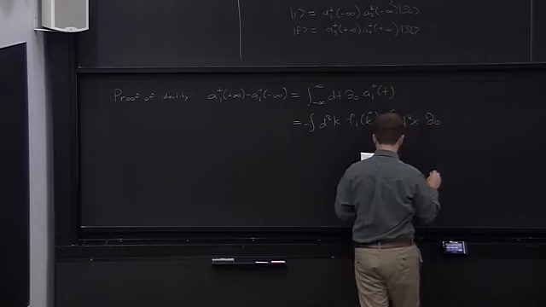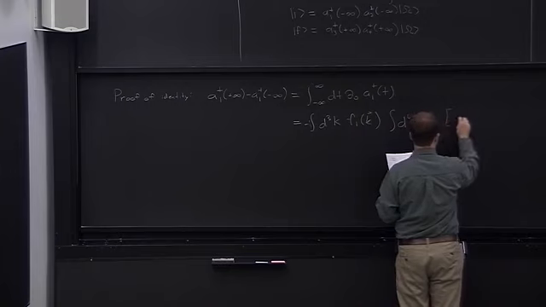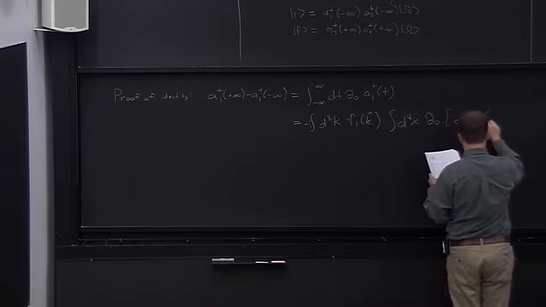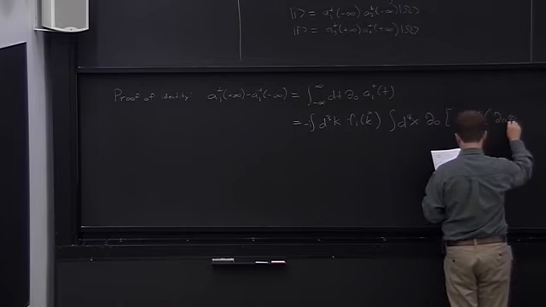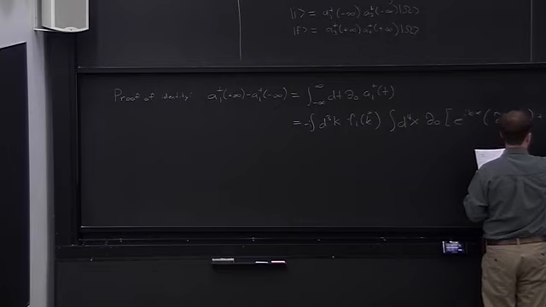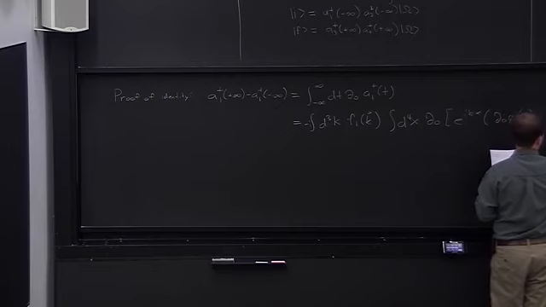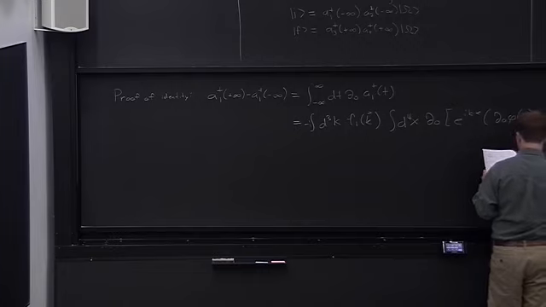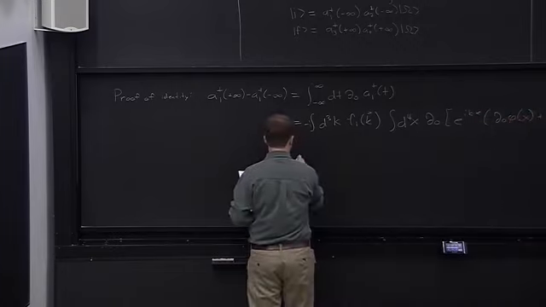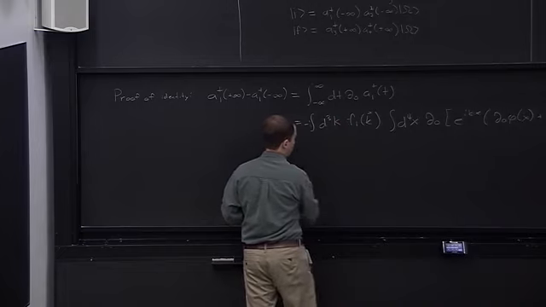And we've got d0 of e to the ik dot x, d0 phi of x plus i E_k phi of x.